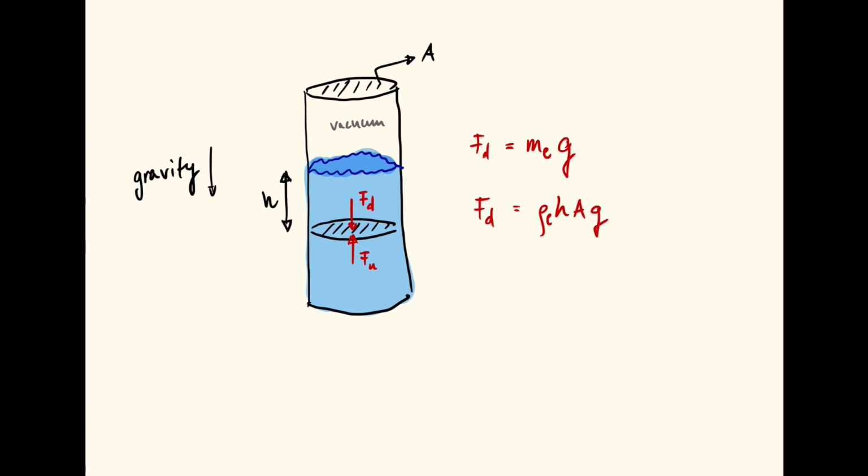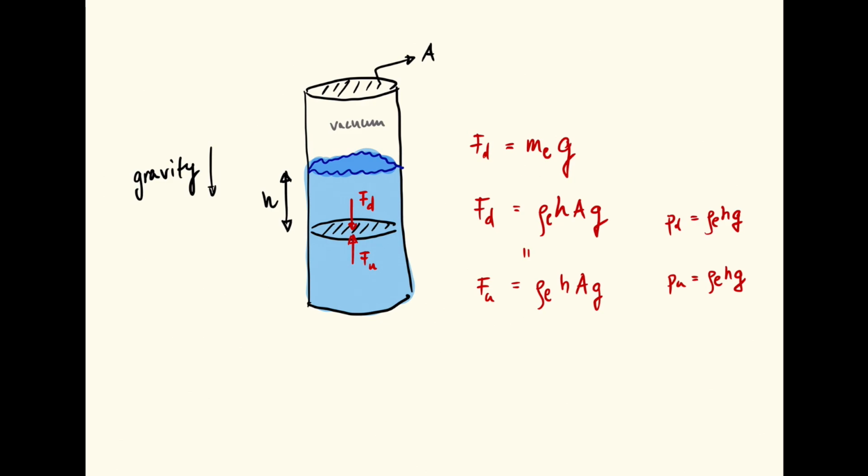And since nothing is moving or accelerating, the force down and the force up have to be balanced. They have to be the same. So the upward force is also rho_L h A g, and the corresponding pressures are just the force divided by the area. So we have P_D is rho_L h g, and P_U is rho_L h g.